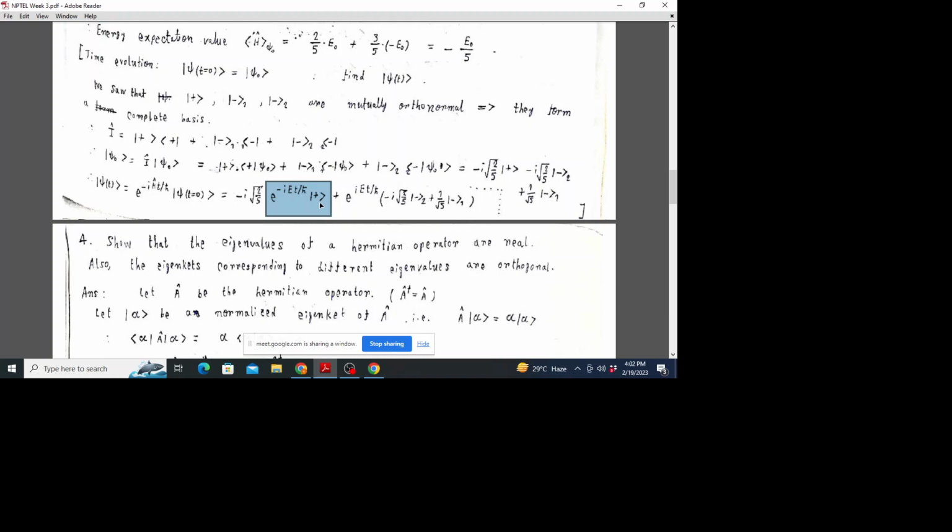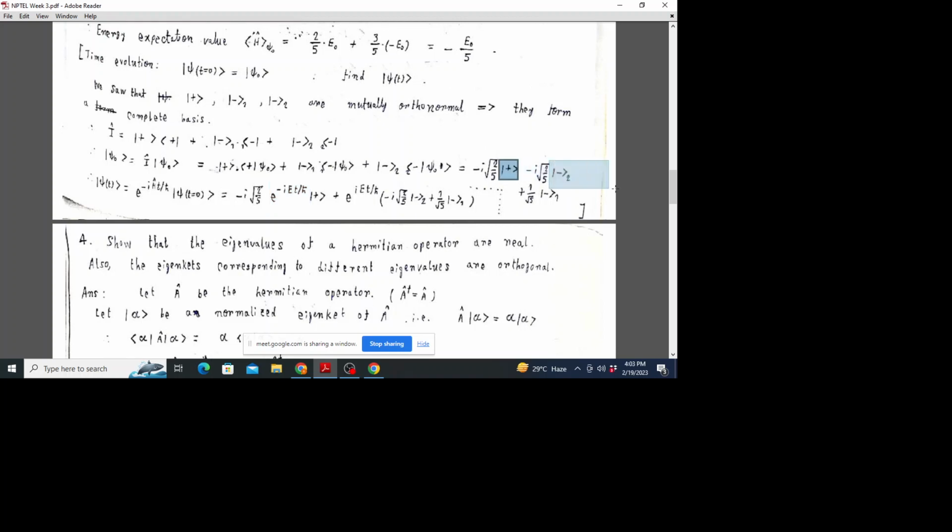This is the eigenvector relation for this evolution operator. The eigenvector remains the same and the eigenvalue changes correspondingly. So it is just exponentiation. This is for the plus component.